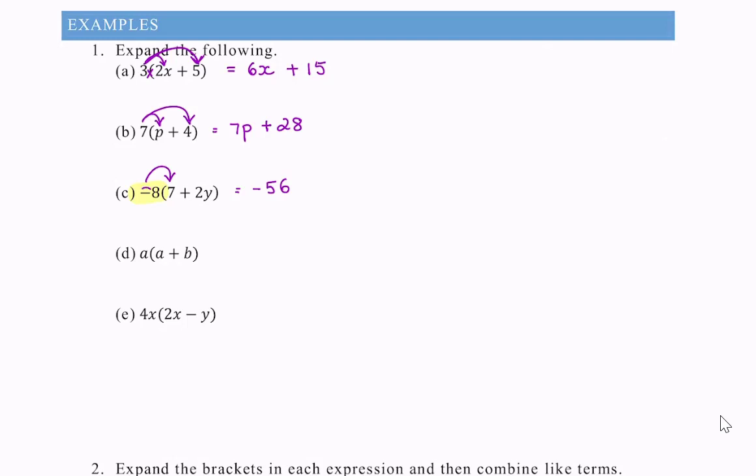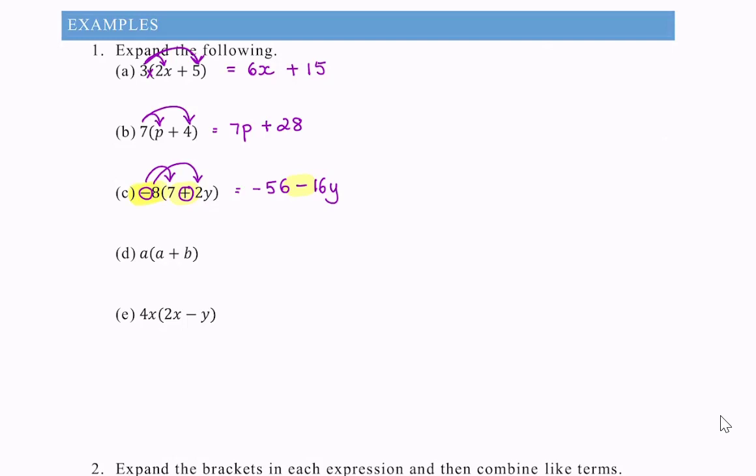I know if I multiply a negative with a positive, my answer is going to be negative, so I'm going to deal with that first. And then I'm going to go 8 times 2, which is 16y. So the mistake's going to happen if you don't recognize that this negative and this positive becomes a negative. So I'm highlighting where that mistake may happen.